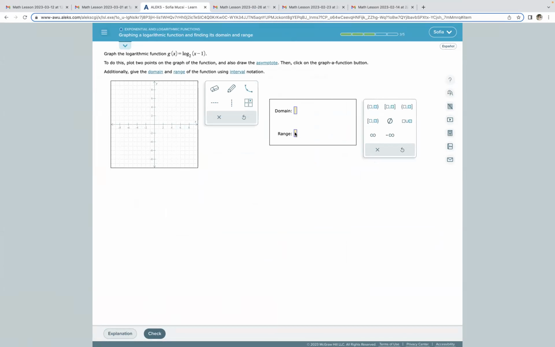So we'll know that the range is always -infinity to positive infinity, and then the domain is 1 to positive infinity. And we know that x is going to be 1, and then log 2.